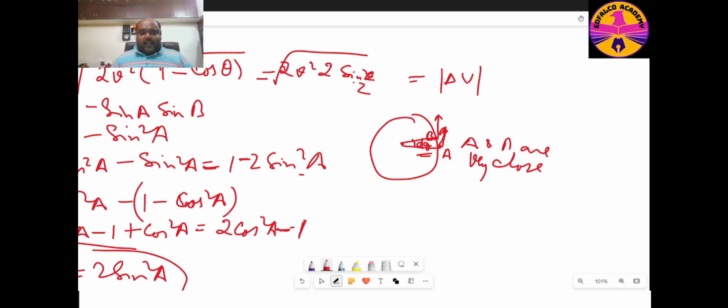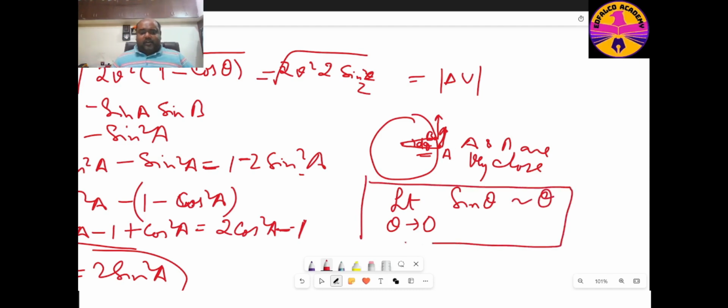Now, in that case, you already know that if the limit of theta tends to 0, sin theta is approximately equal to theta. When we study limits and calculus, in the limit chapter, you will understand why. But for the time being, you can think of the sin theta function as almost equal to theta if theta is very, very small, or in the limit of theta tending to 0.